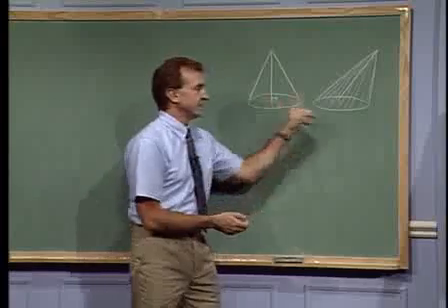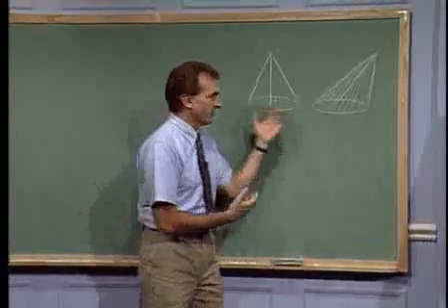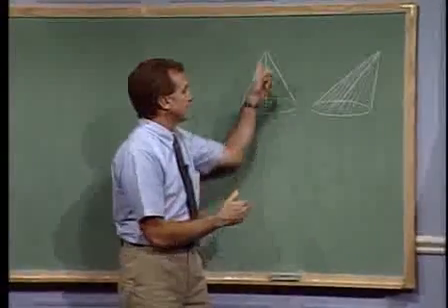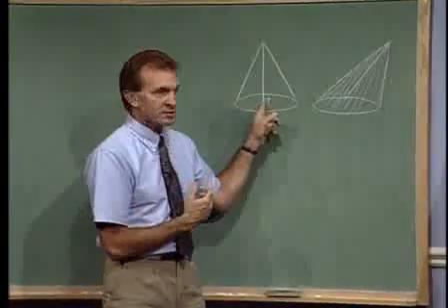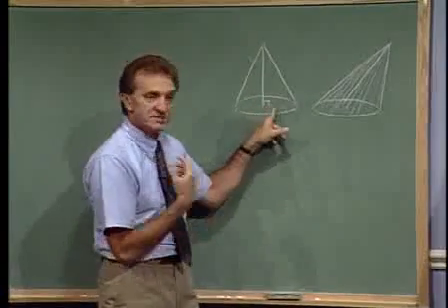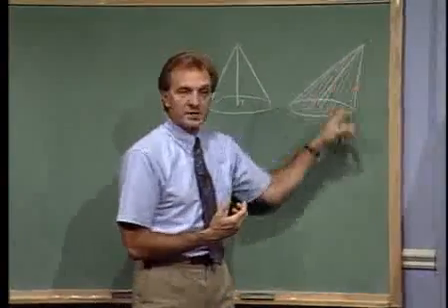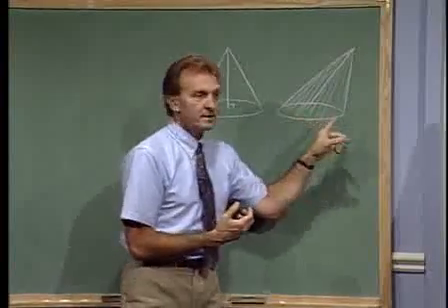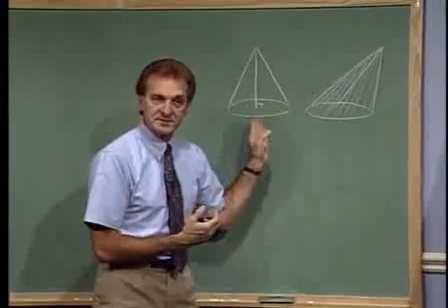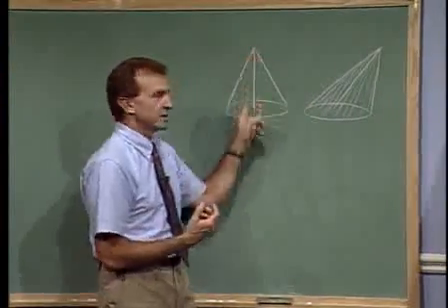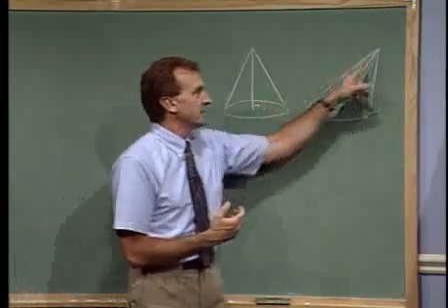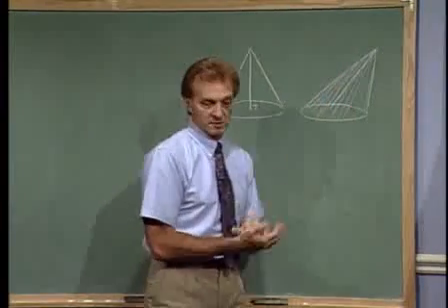The base of these may be circles, or they both could be ellipses. But again, this is a right circular cone, the way it's drawn, the base being a circle. This is an oblique circular cone. Again, if the bases were ellipses instead of circles, then this would be a right elliptical cone, and that would be an oblique elliptical cone.